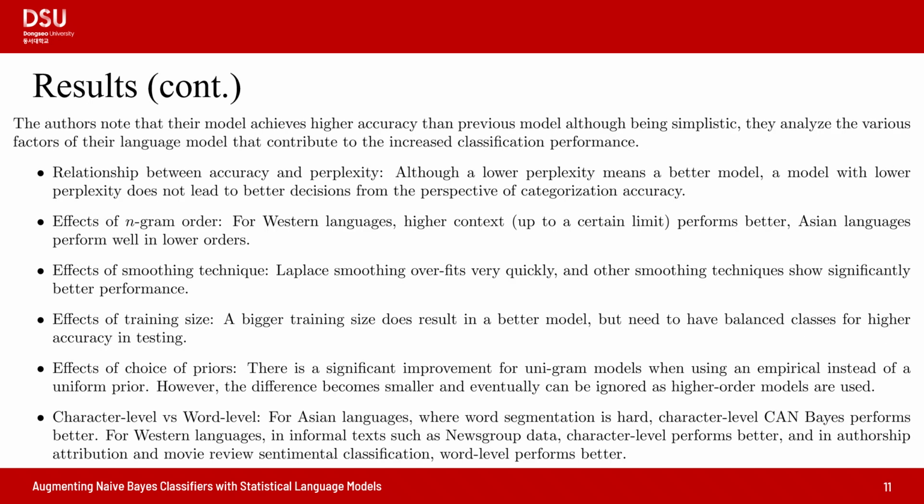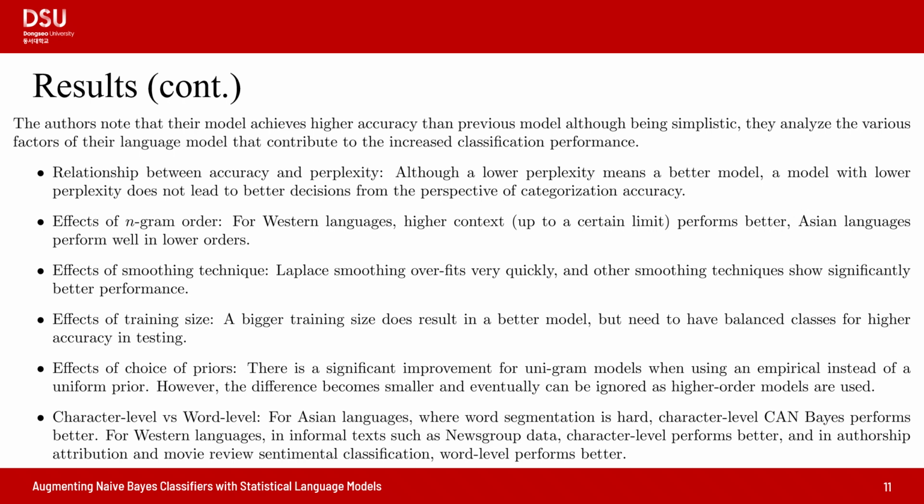Following up on the results, the authors note that their model achieves higher accuracy than previous models, although being simplistic. Thus, they analyze the various factors of their model that can contribute to this increased classification performance.